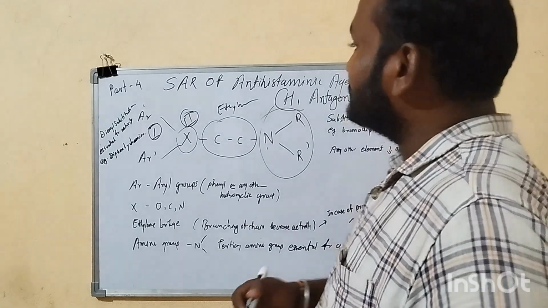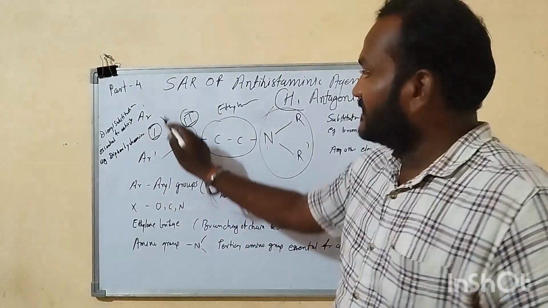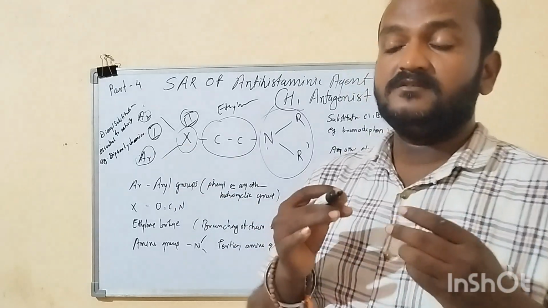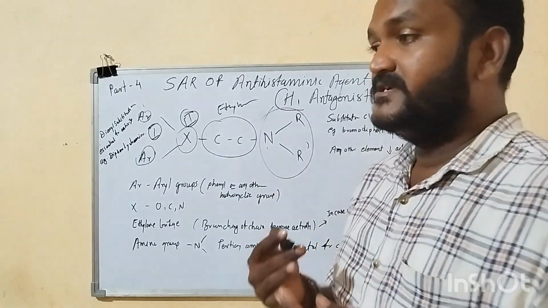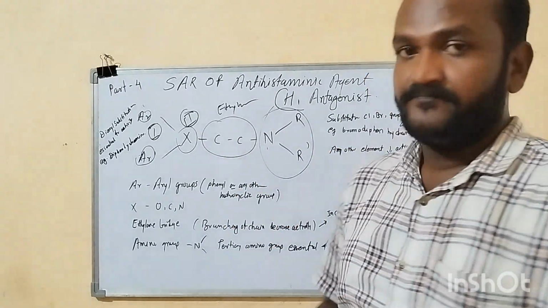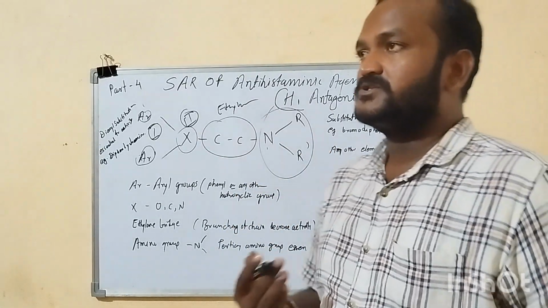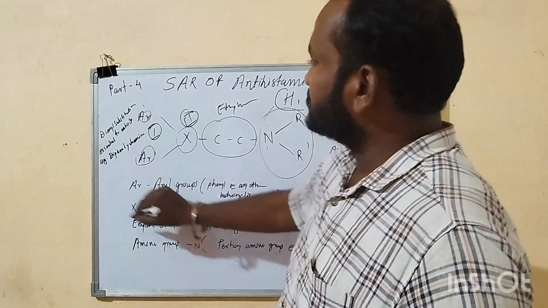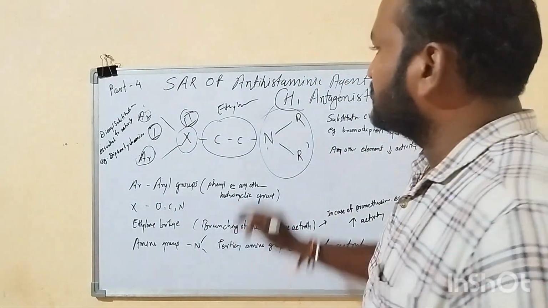Mostly, diaryl groups are definitely needed for effective activity of the H1 antagonist. Without that it will not show proper activity. So diaryl group substitution is essential for activity, be clear on that.